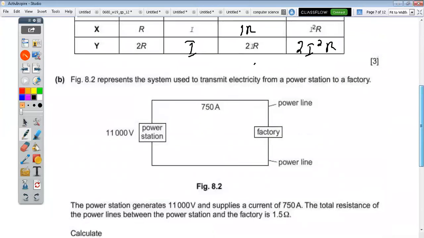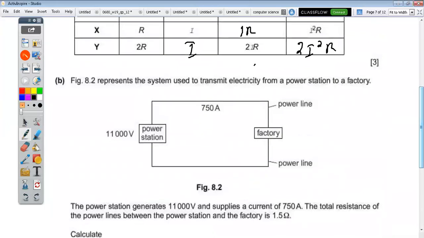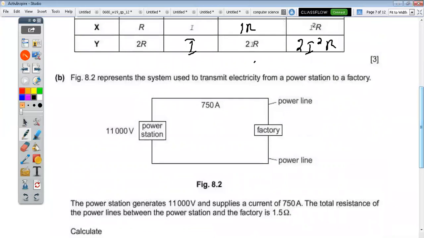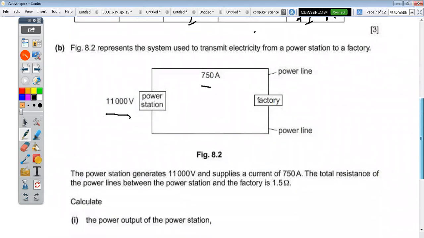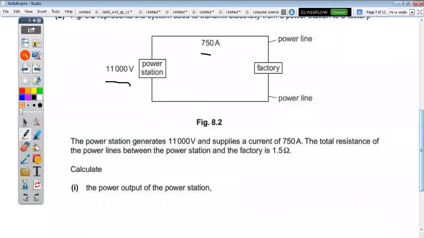Fig 2.8.2 shows the system used to transmit electricity from a power station to a factory. So I've got the power station, 11,000 volts, high current, power line, factory. The power station generates 11,000 volts and supplies a current of 750 amps.